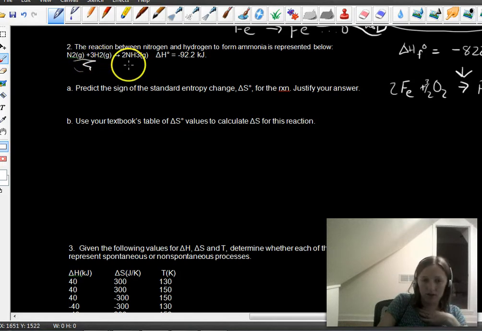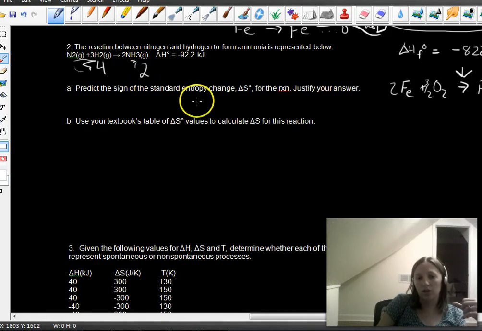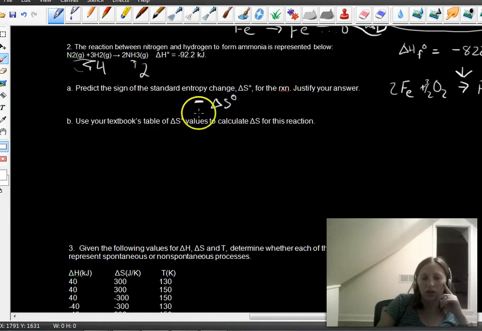Those combine to form 2 moles of ammonia gas. Because you're going from 4 to 2 moles of gas, that's a decrease in the amount of gas, which is a decrease by half in the amount of microstates that are possible in this system. So that's a decrease in entropy and disorganizedness, and so we're going to have a negative delta S under standard conditions.